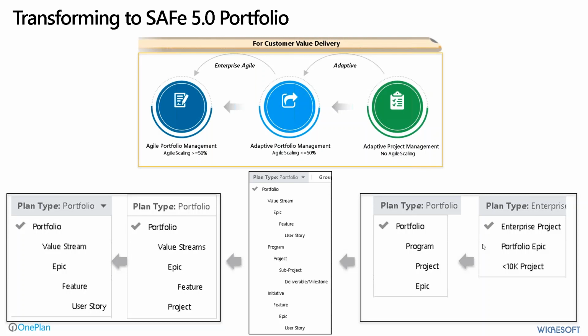You can see on the very right, and these are actual screenshots from the OnePlan solution, how you can transition from the very right, where I said you have no scaling. So we're looking at projects or epics at the same level. They don't really belong to any particular grouping. You might group them by business unit just to see who's doing the most projects and how funding is occurring at that level.